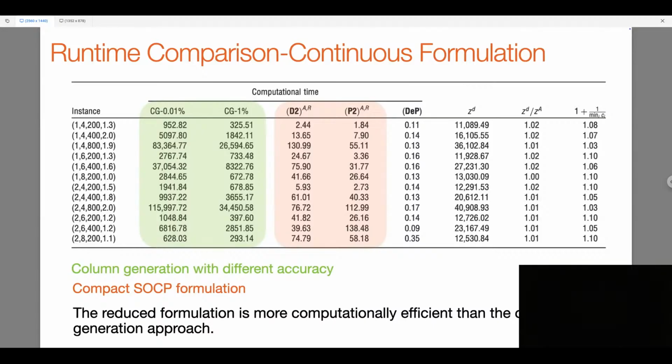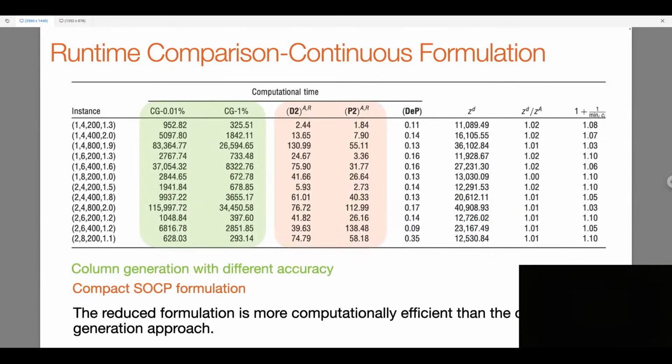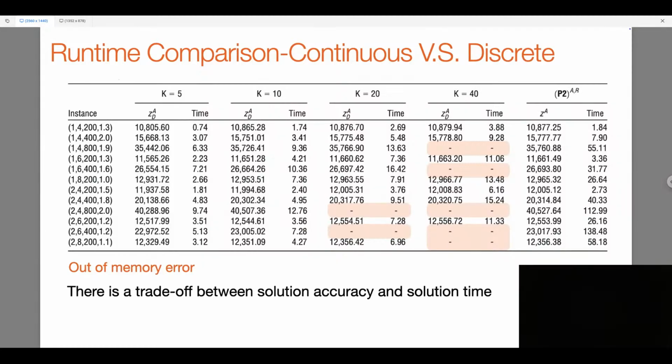And for the continuous formulation versus the discretized formulation, we see that all the orange part, all the dashed part, faced the out of memory error, and we can see there's a trade-off between the solution accuracy and the solution time.